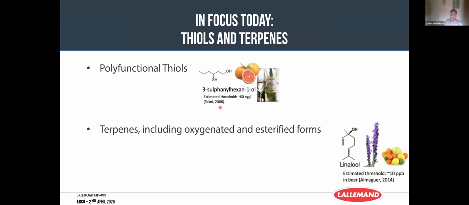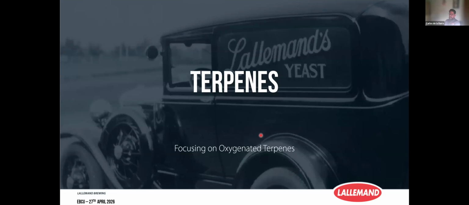So, like I said, we'll be more or less focusing on thiols and terpenes. We'll mention a few other molecules of interest. Don't get too lost on these chemical names here, but let's dig into it. First up, terpenes.